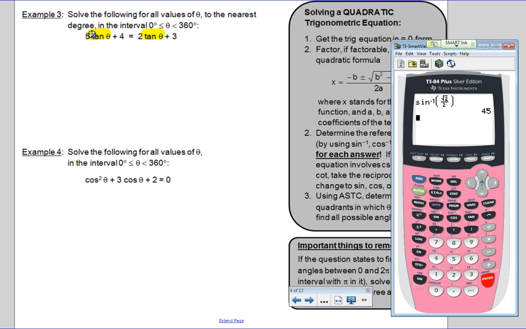So I don't have to change it, but I know a lot of you guys will probably want to change those to x's because it makes it just less confusing and congested looking. So the first goal is really this. I just replaced the yellow tangents with an x. That looks much more familiar. So my goal is to get that tangent theta by itself. And I used x in its place, so now I can just solve for x.